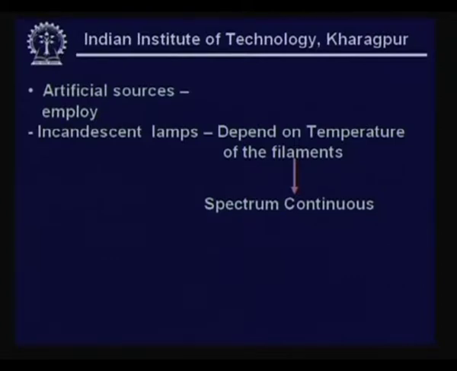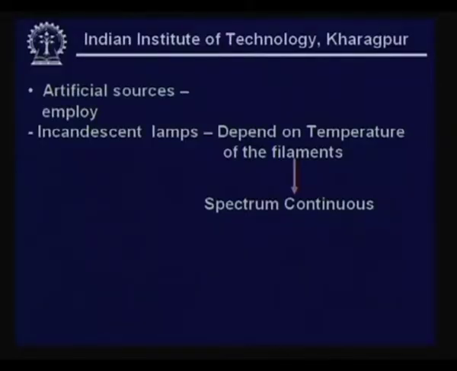Now, the artificial sources, as we are all aware, all of us have been using one form of the source or the other. Remember, unlike the prehistoric man, our activities are not curtailed with sunset or do not begin with sunrise.